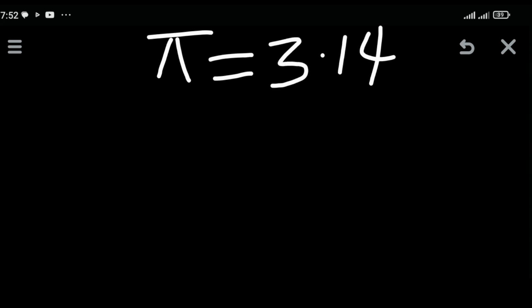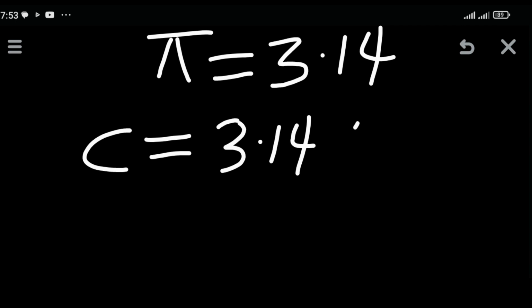So circumference C will then be equal to pi multiplied by 16 meters. But our pi, as we have said in the previous lesson, is a special constant value of 3.14. To input this into the expression, we then have circumference C equals 3.14 multiplied by 16 meters.